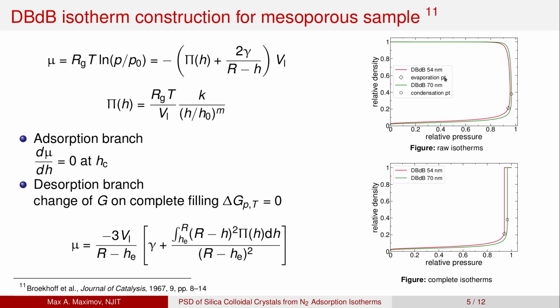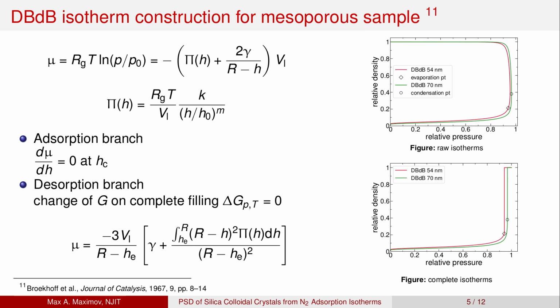To find these decision boundaries for the capillary condensation, we find the thickness where the derivative of chemical potential with respect to the film thickness is 0, and we use this thickness to calculate the corresponding value of the relative pressure.